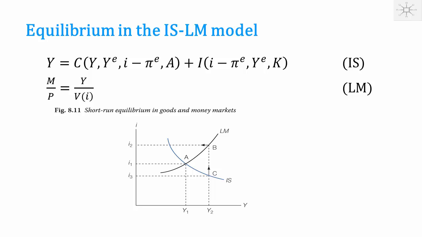So firms will not be able to sell what they produce, and there will therefore be downward pressure on production. So this point here is not an equilibrium level of interest and production, but production will tend to fall. And you can think also about the point C and what happens if we are at point C. But the intersection point A is where the economy will end up.